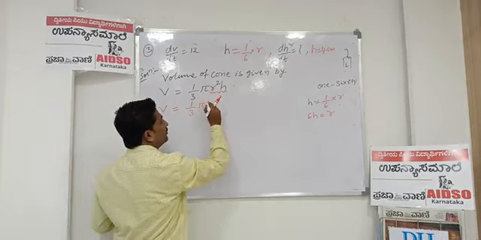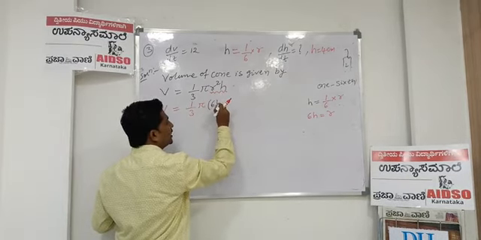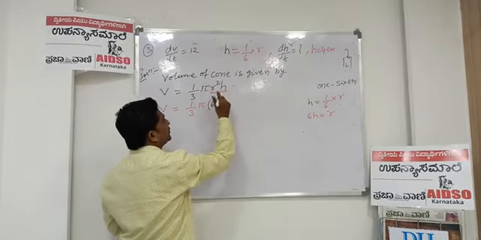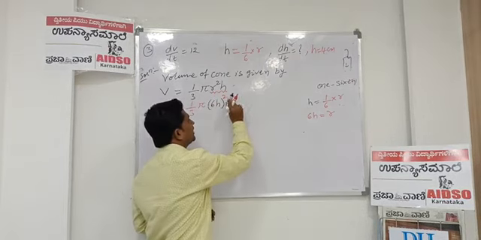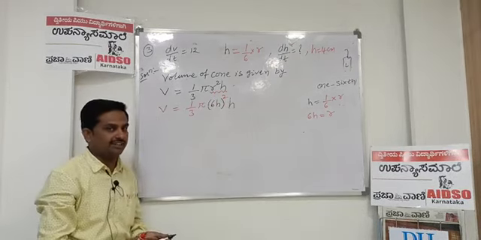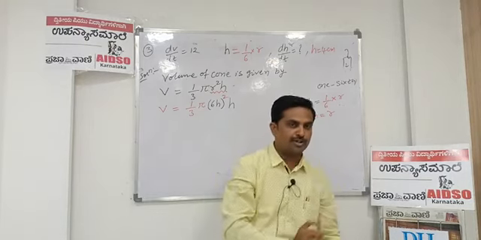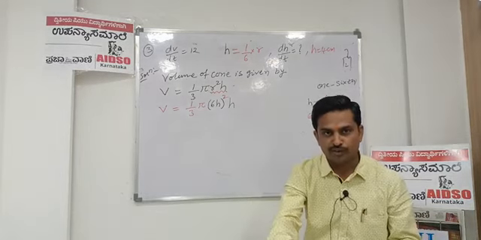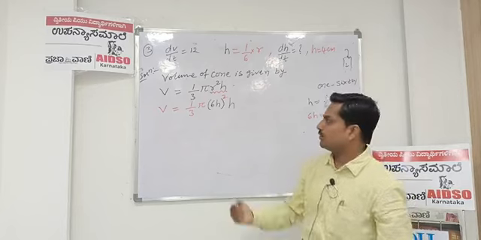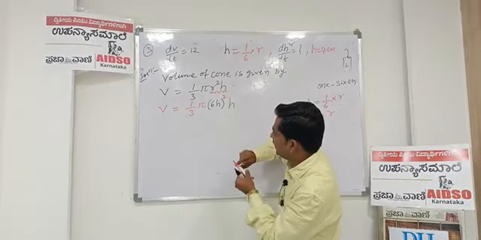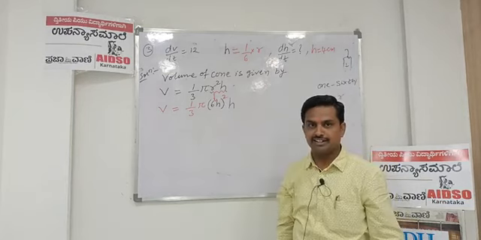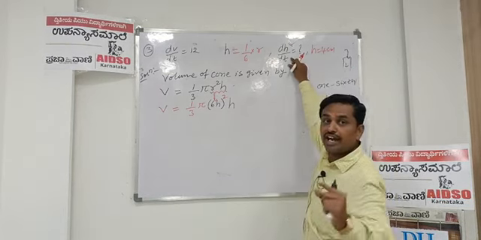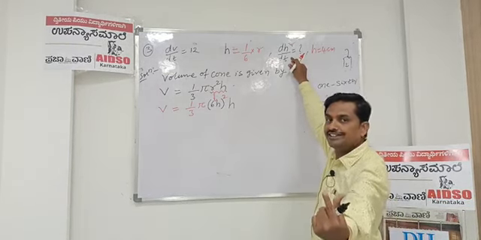In place of radius we have substituted 6h, and it is in square form, so it is (6h) square into h, where h will be as it is. Once again I am coming to the same point: why have we substituted 6h in place of radius? Because we need to find the height data, how fast the height is increasing.